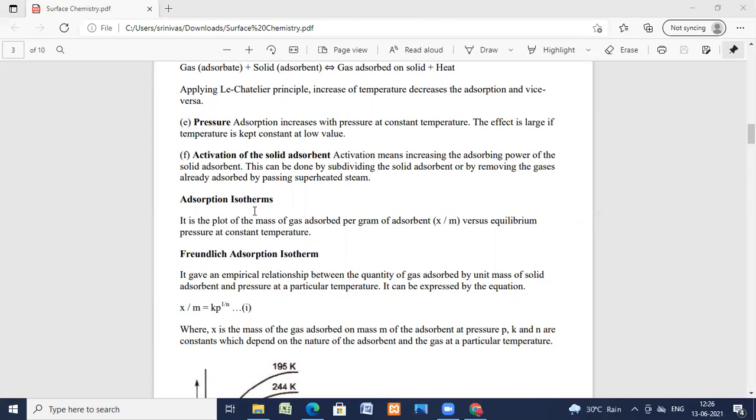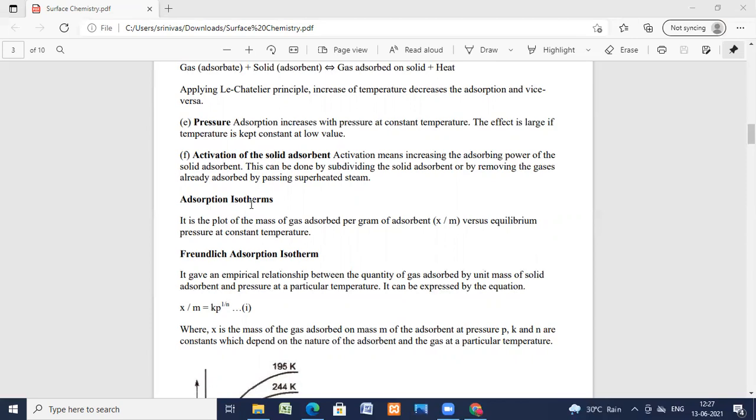At constant temperature, adsorption of a gas on a solid surface increases with increase in pressure of the gas. So, repeating: the relationship between the amount adsorbed by an adsorbent and the pressure of the gas at constant temperature is called the adsorption isotherm.